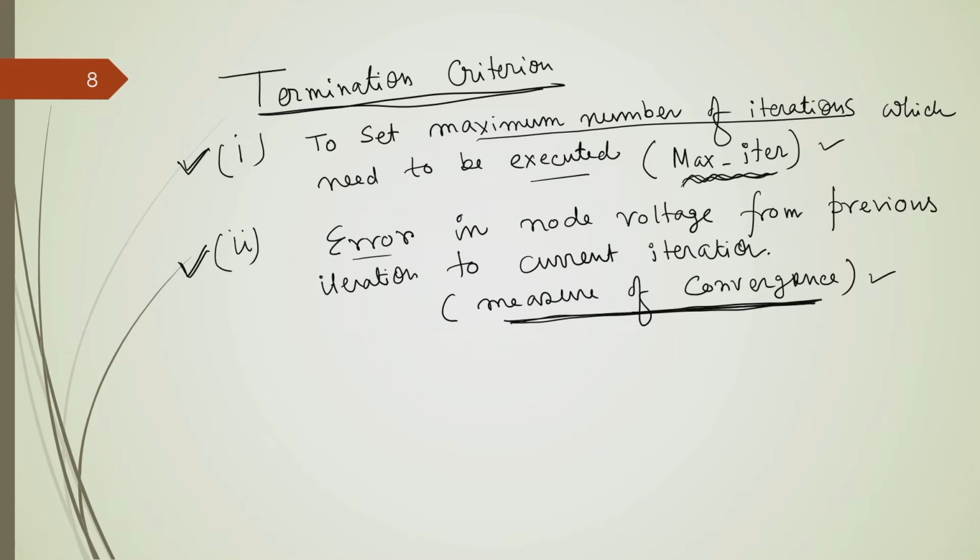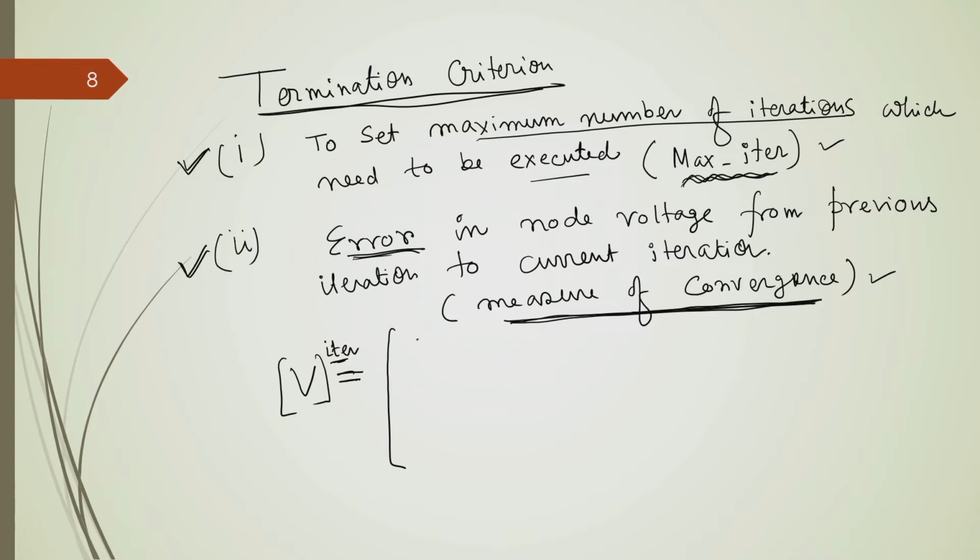Now, how to find out this error, this voltage error? These bus voltages will constitute a bus voltage matrix, or bus voltage vector. For example, if we represent V iter, it means that it is a matrix which consists of the bus voltages which we get at iteration number iter, that iter may be 1, 2, 3 and so on.